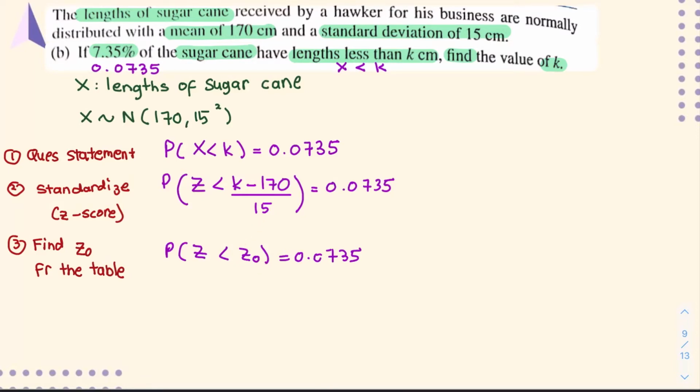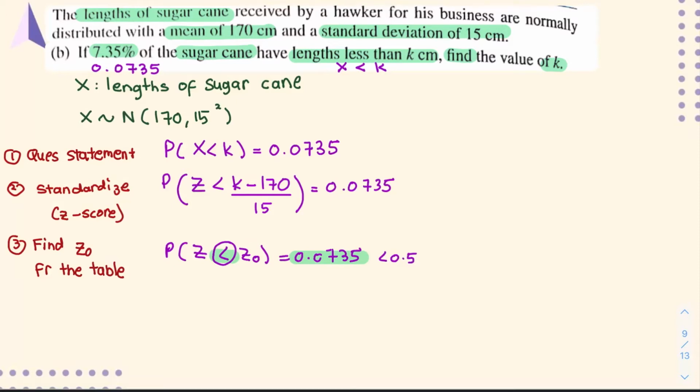Then to know the z-note, always refer to your probability given and also the symbol of your inequality. Now, the probability given here is much less than 0.5 and your symbol is the less than symbol. So you might have two possible values of z, whether a positive z or a negative z.